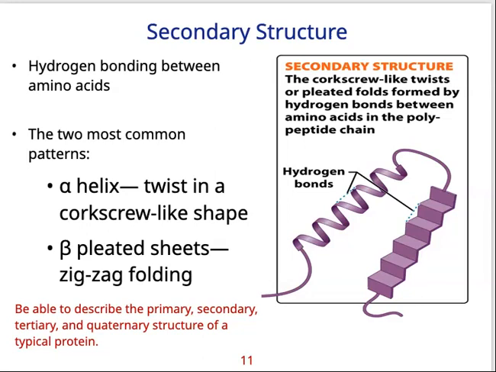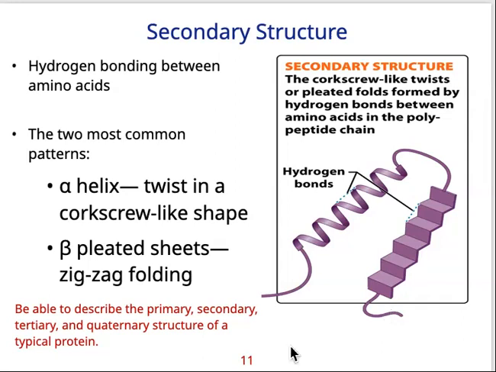The two most common patterns of hydrogen bonding between amino acids cause the chains to either twist into a corkscrew-like shape called an alpha helix, or form zigzag folding sheets called beta pleated sheets. And so this hydrogen bonding between amino acids gives a protein its secondary structure.